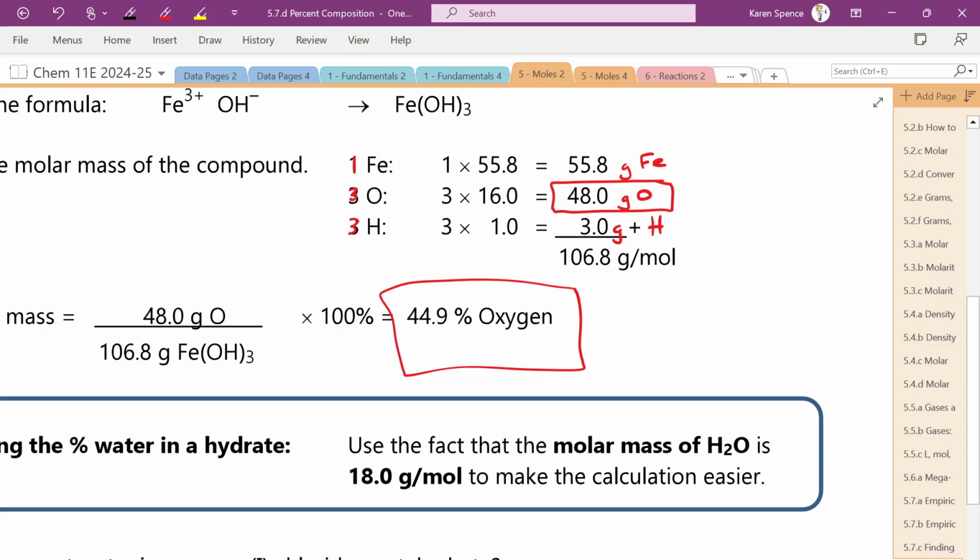Okay, a hydrate is what? It's a compound. What kind of compound?